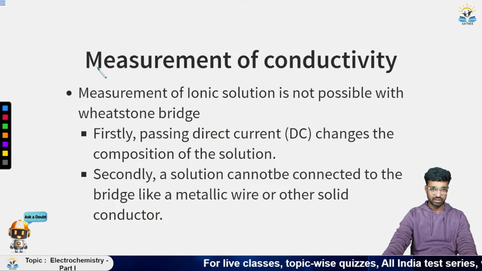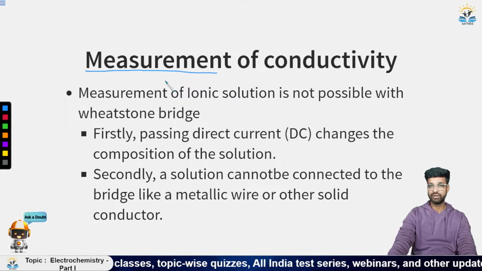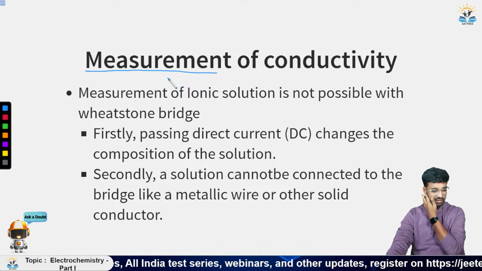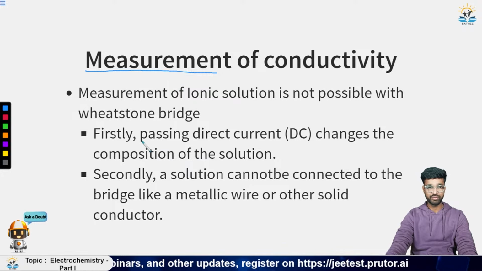Then the thing that comes to our mind is how do we measure the resistance, resistivity, conductivity and all of this for electrolytic conduction. For metallic conductors, this is quite easy with the help of the Wheatstone bridge. You must have studied this Wheatstone bridge.